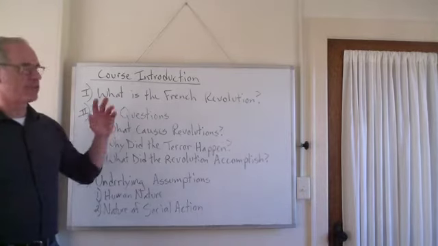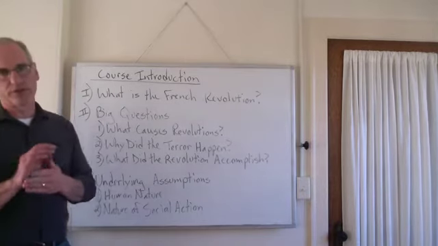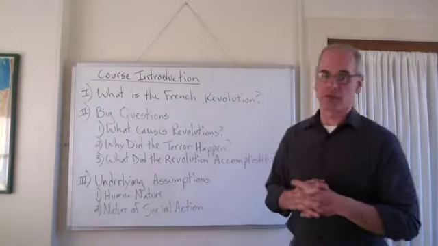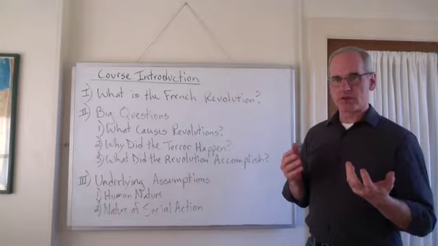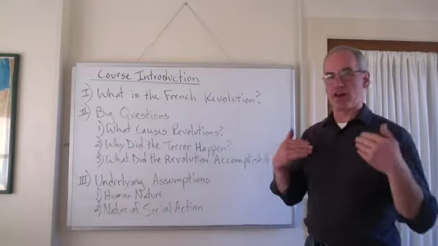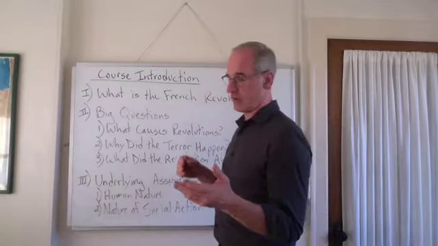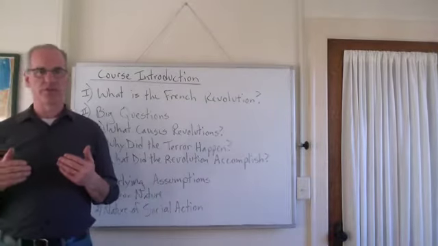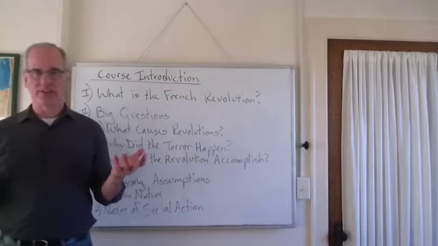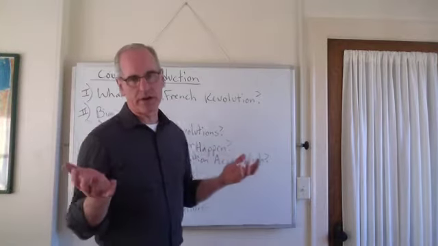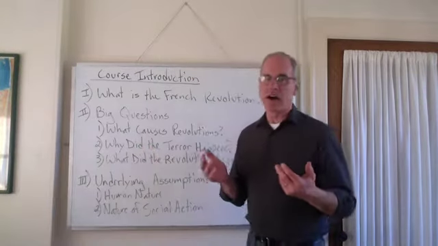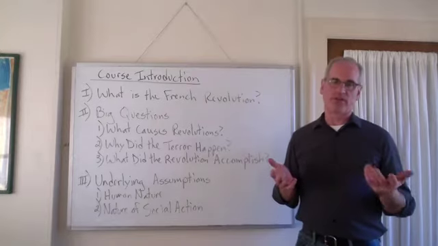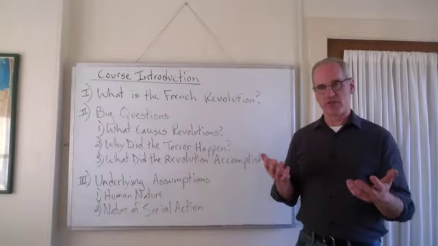Now I want to turn to the course itself, which is about the French Revolution. So, why are we studying the French Revolution? What's so big about it? Well, the French Revolution is really a watershed moment in Western civilization, not just French history. Because it spilled beyond France and destroyed monarchies all across Europe, it destroyed what the French call the Ancien Regime, the former regime.